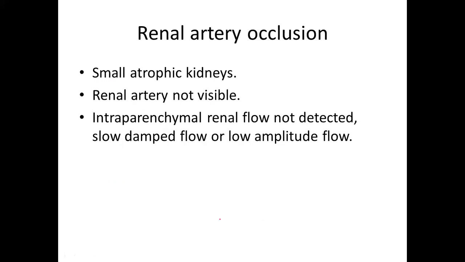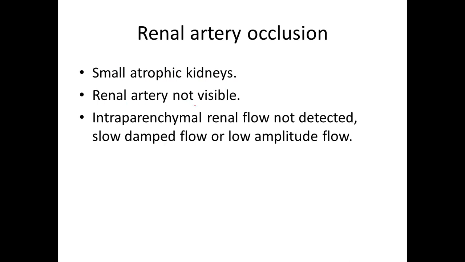Then we will also have some end-stage renal insufficiency, where we may even have renal artery occlusion, in which case we may find very small kidneys, usually less than 8 centimeters, or 7.5 or 6 centimeters long. These are small atrophic kidneys.